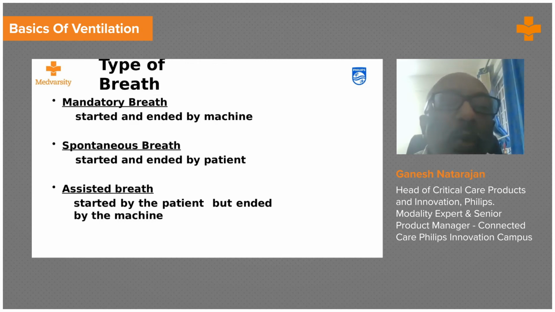Now, let's start with the types of breath. So in the modes, you saw control mode, you saw assist control mode, you saw SIMV, you saw CPAP. So you could either have a mandatory breath, and we will go into these modes in a few slides from now. In the mandatory breath, the breath is started by the machine, is ended by the machine, and no inference from the patient is understood by the machine.